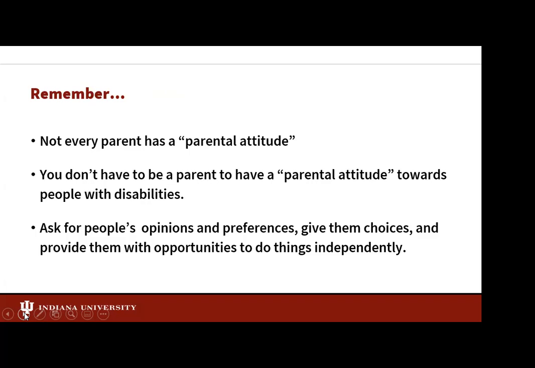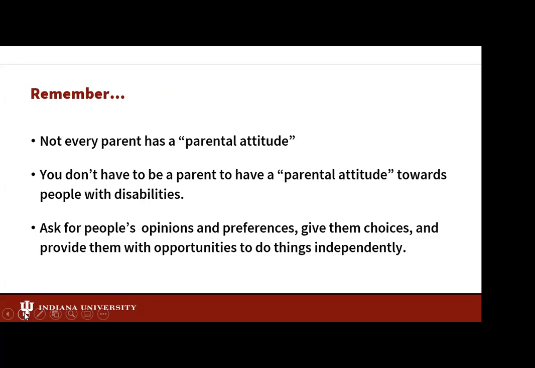So remember, not every parent has the quote unquote parental attitude. You don't have to be a parent to have this type of attitude. And so to counteract that, remember to ask for people's opinions and preferences, give them choices, and provide them with opportunities to do things independently.